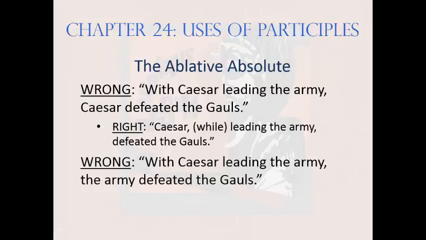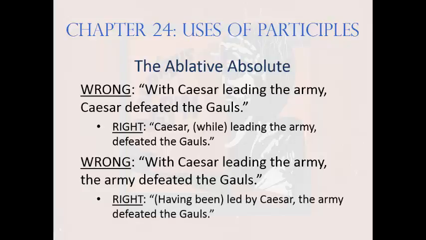Again, it's wrong to say, "with Caesar leading the army, the army defeated the Gauls." In this case, make the participle "leading" passive, "having been led," and attach it to "army" in the main sentence. Then change Caesar from subject to agent, resulting in "having been led by Caesar, the army defeated the Gauls."